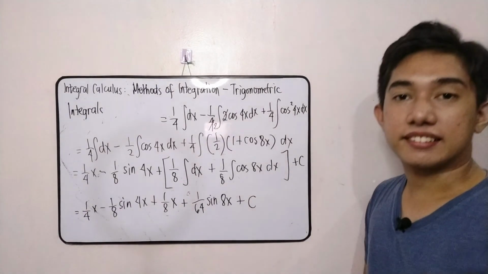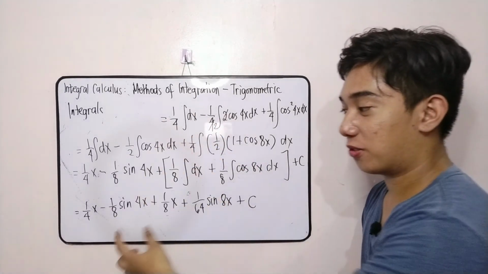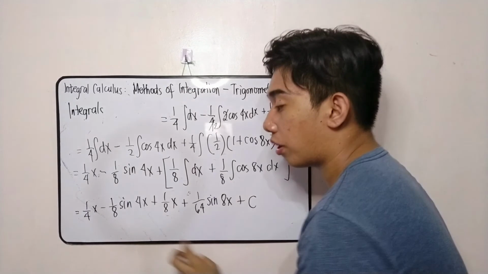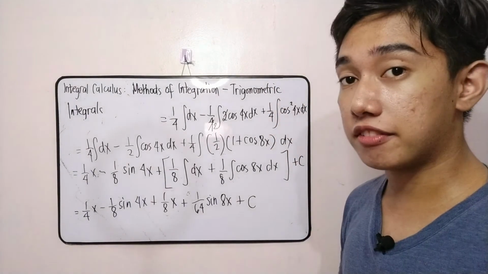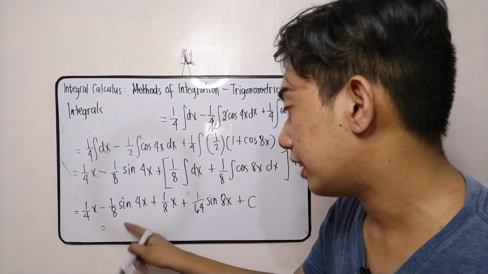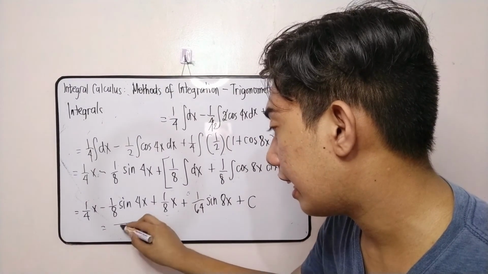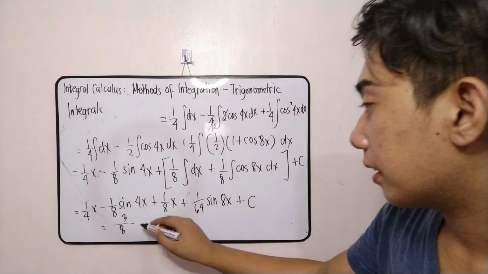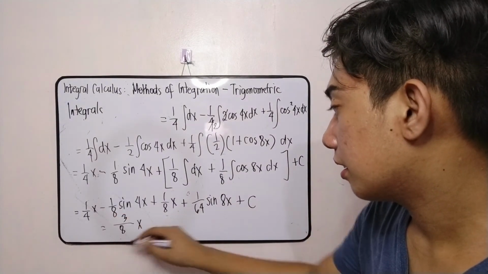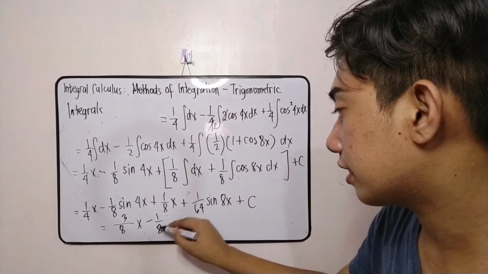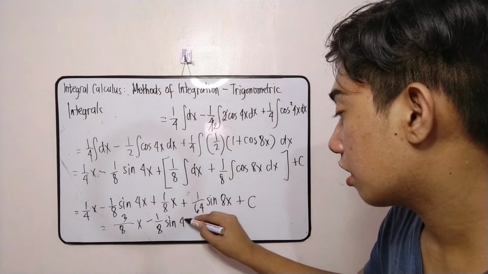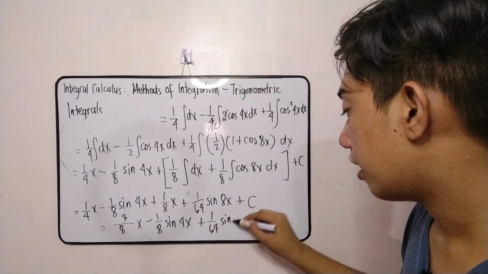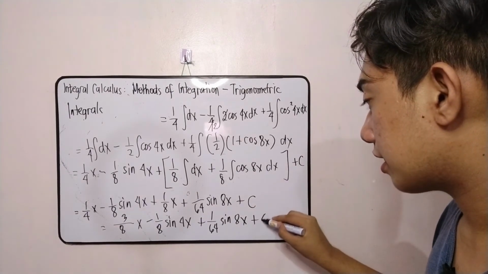Whew! Ang taas. Pero, di natin problema. We will simplify. So, 1/4 plus 1/8, we have 3/8. 3/8 x minus 1/8 sine 4x plus 1 over 64 sine 8x plus c.